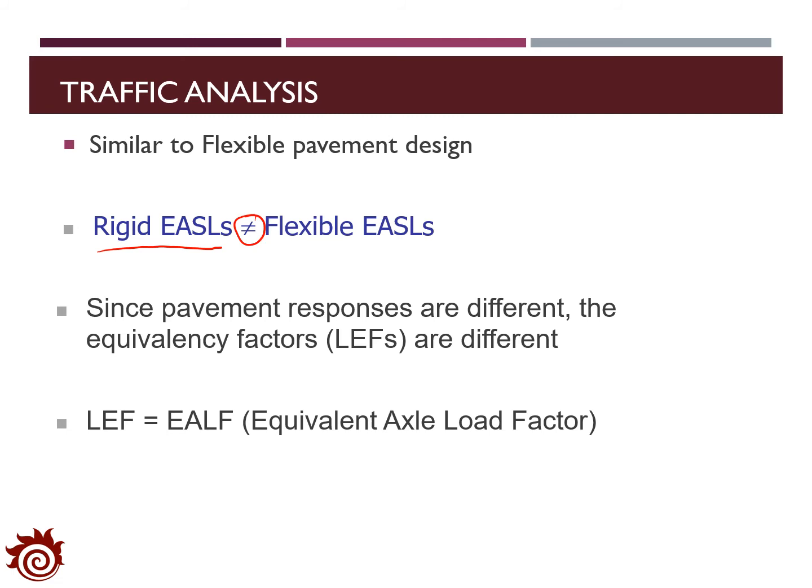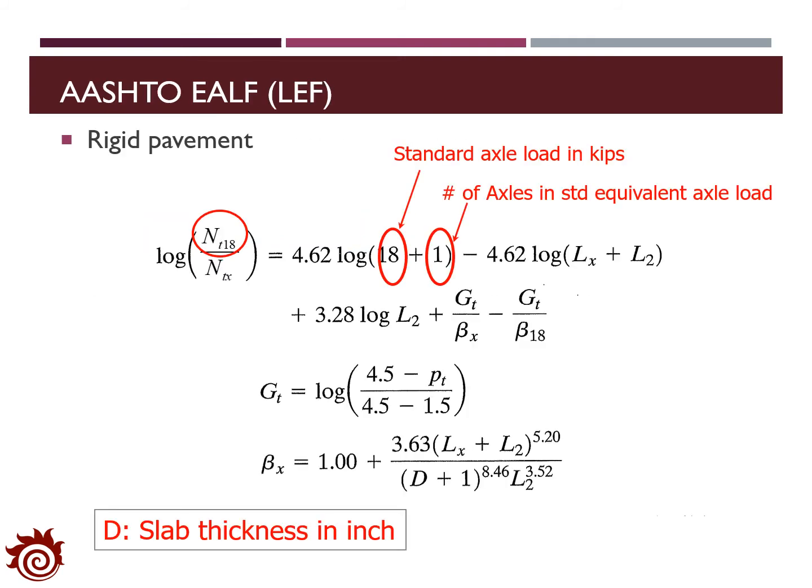The difference comes from the response of the pavement to the traffic loads, which means that the load equivalency factor for the rigid pavement is different from the LEF applied for the flexible pavement. The equation here shows the estimation of the LEF applied for the rigid pavement, and this equation is almost the same as the flexible pavement.